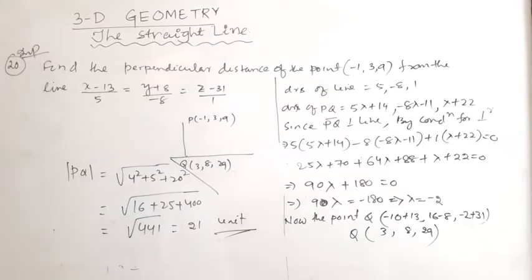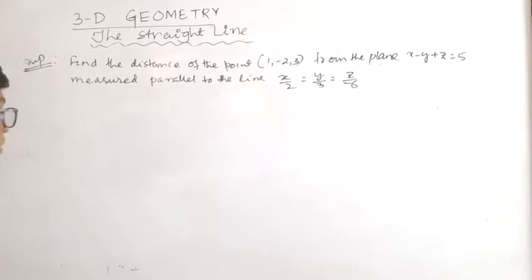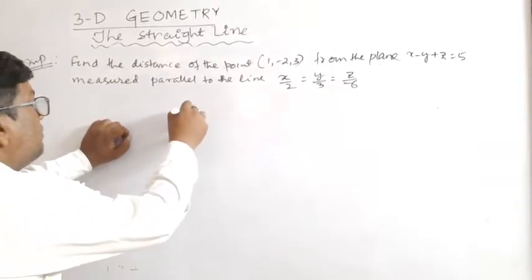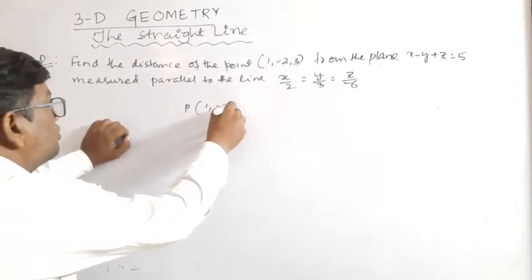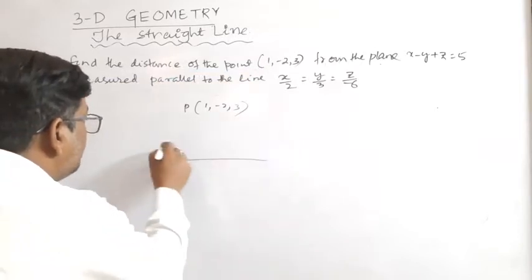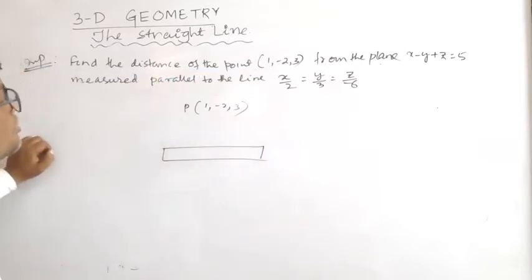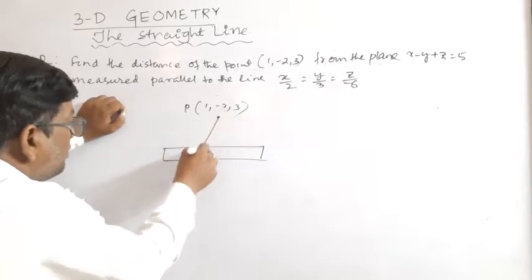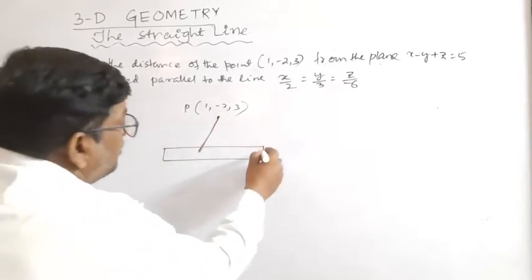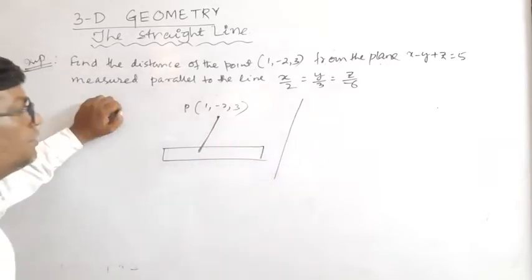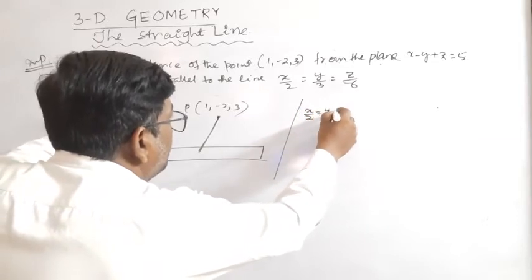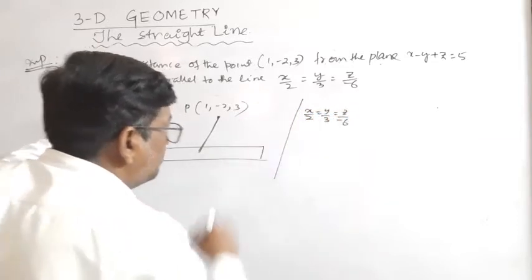Now another question. Find the distance of the point P (1, minus 2, 3) from the plane, such that the line segment of the distance is parallel to the line whose equation is x by 2 is equal to y by 3 is equal to z by minus 6.